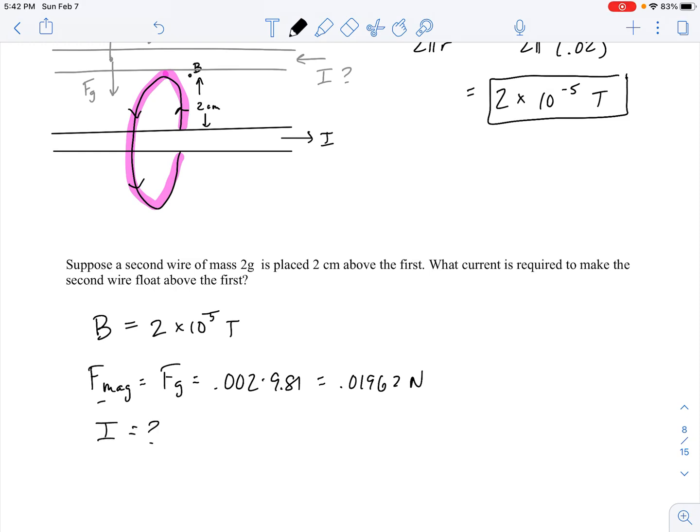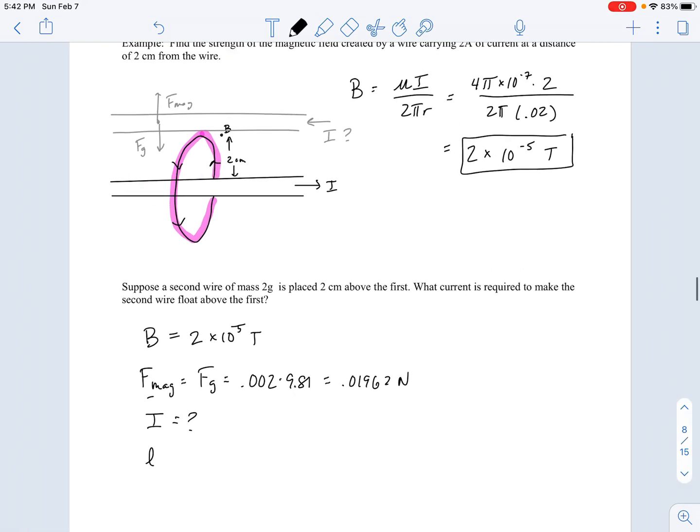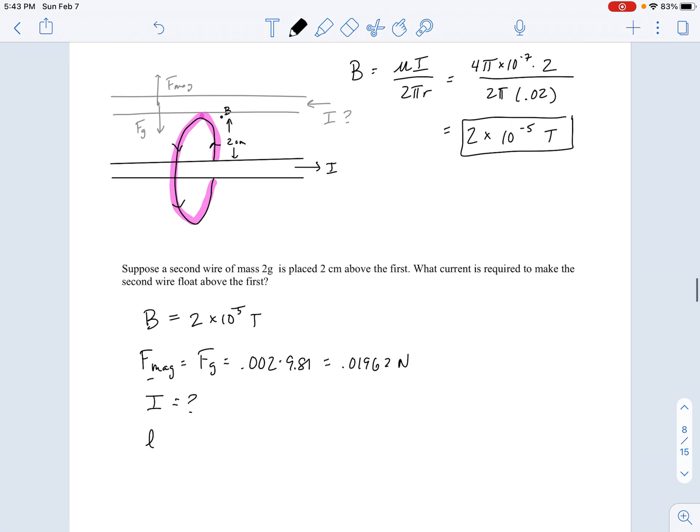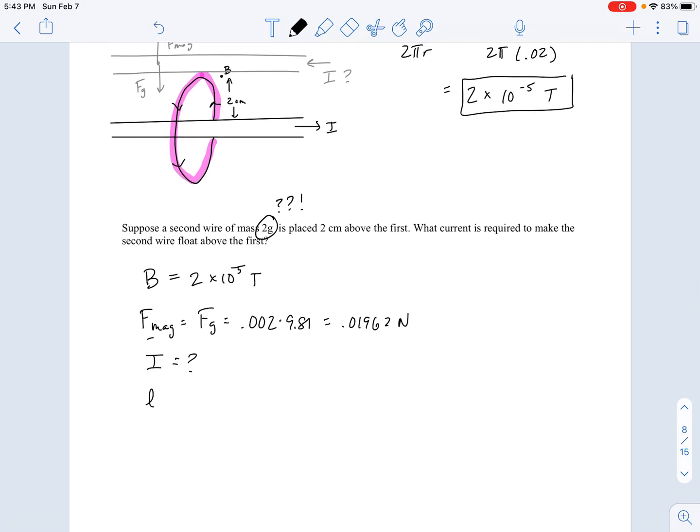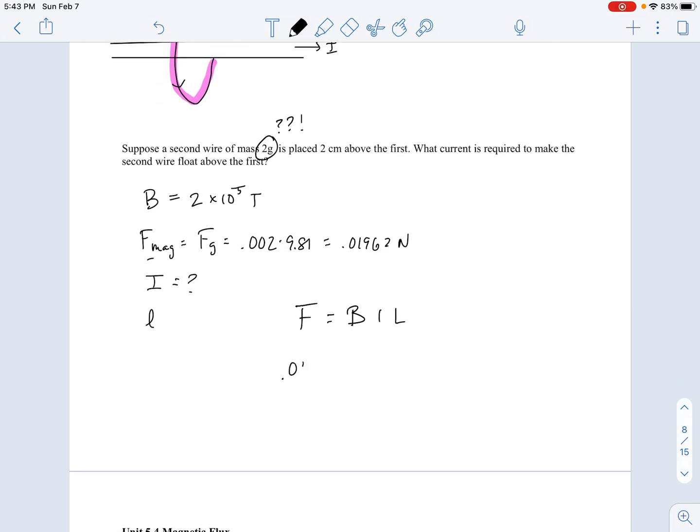Current is what we want. And we don't have the length of this wire. So we may have to give our answer in terms of length of the wire. It would be nice if they had told us the length here. Okay, so we've got F equals BIL: 0.01962 equals 2 times 10 to the negative 5th times I times L. Let's see what we get here.